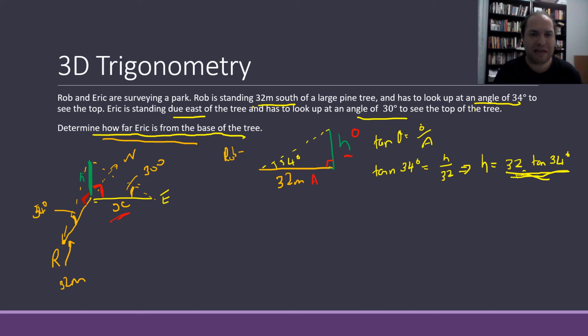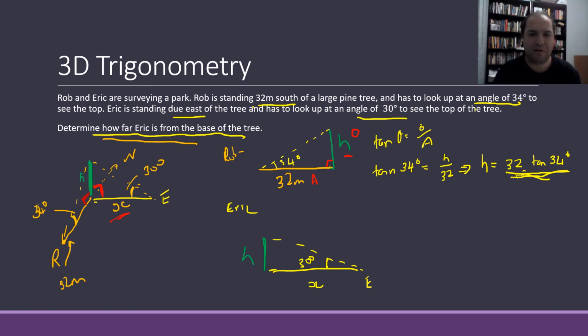Now let's draw this second triangle for Eric. So for Eric, we've got our tree here and this distance along the ground, which we don't know yet. And then we know Eric has to look up at 30 degrees to see the top.